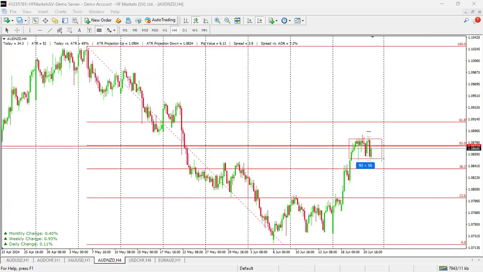Starting to struggle, which means if I confirm this level not to be broken, it could be a level for price to resume its original movement of price in the market lower. But because I have relevant information about AUDNZD, I'm not trading a downside on this asset.